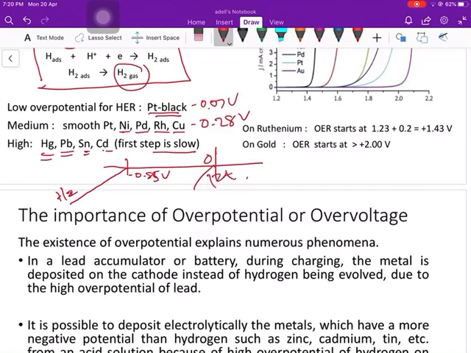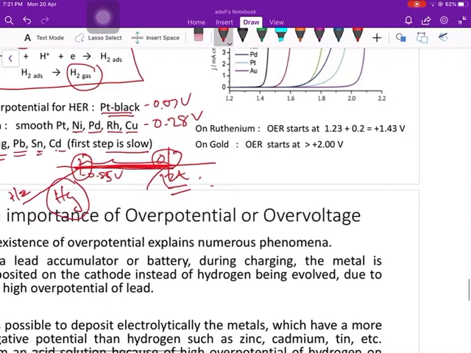But on platinum it is 0.07. So this is the difference between the theoretical and the experimental. When you change the electrode, for example from platinum to mercury, it will take high overpotential. High overpotential means that the evolution of hydrogen gas is very, very slow, especially on mercury.